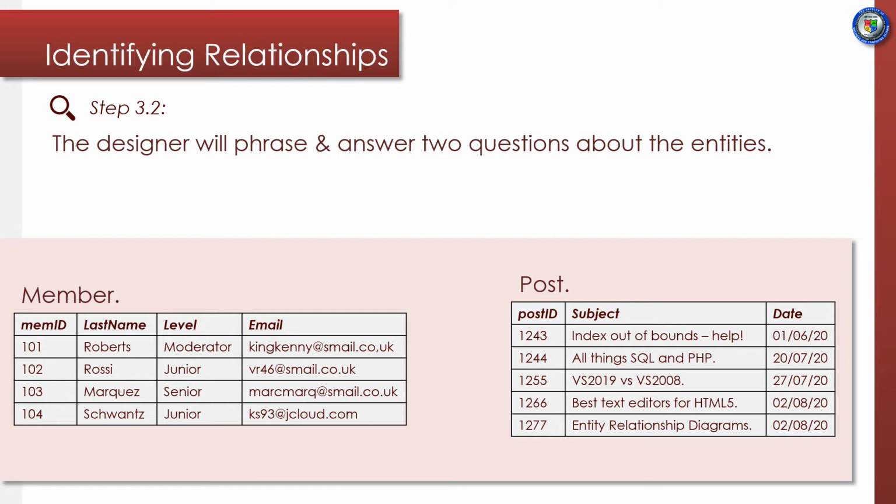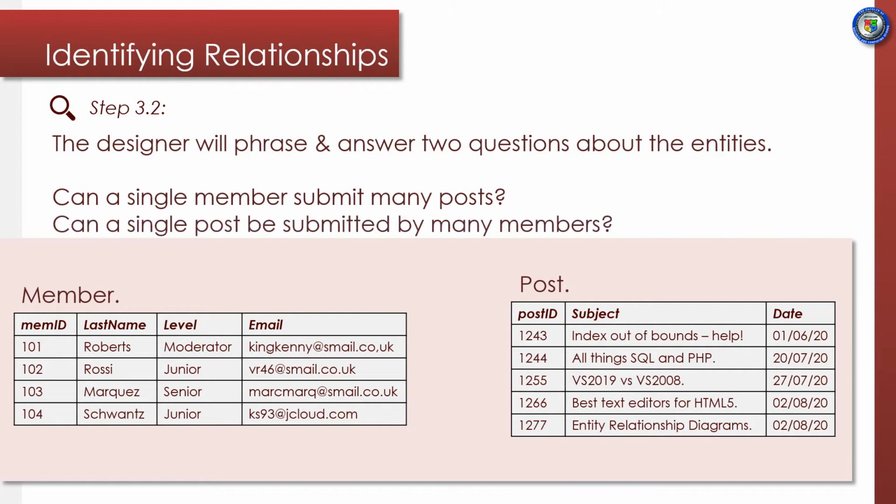At this point, the designer will phrase and answer two questions about the entities. Firstly, can a single member submit many posts? And secondly, can a single post be submitted by many members?